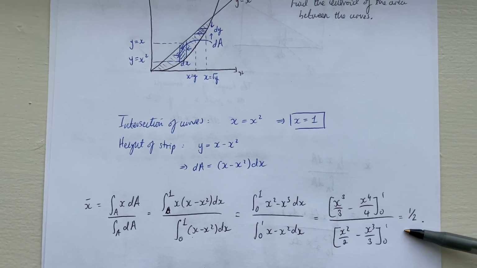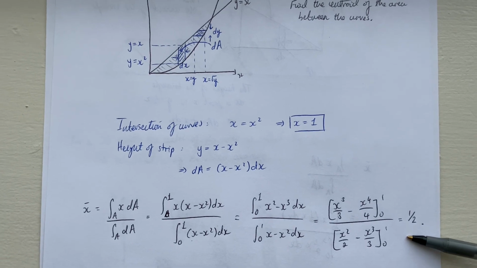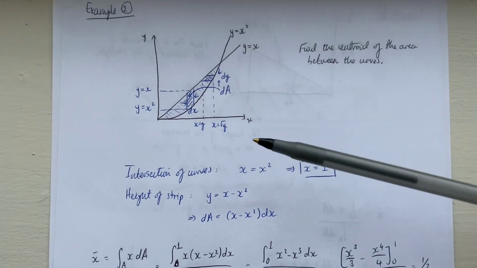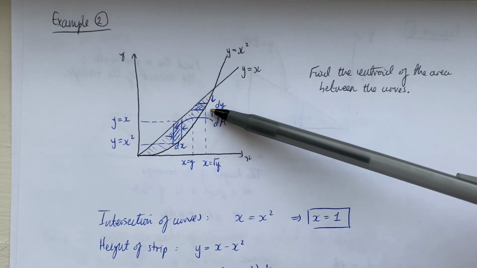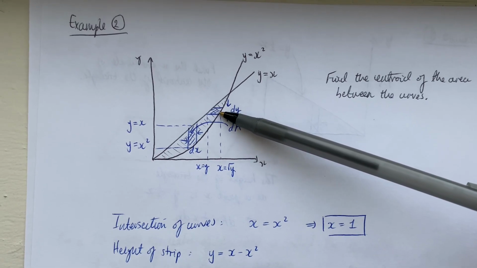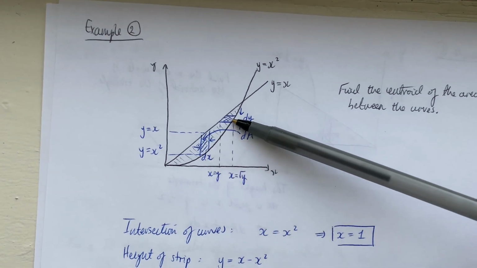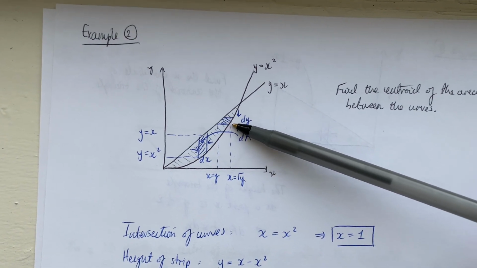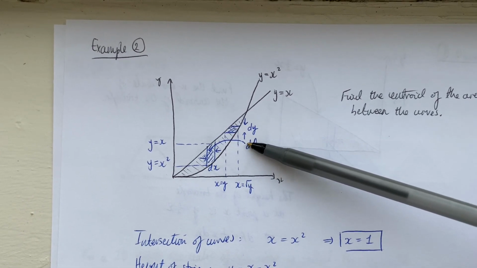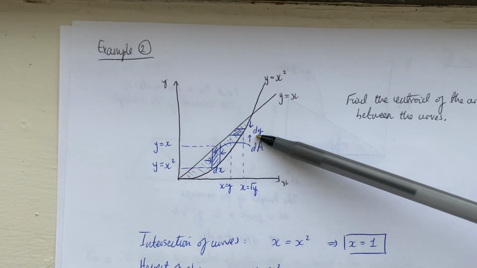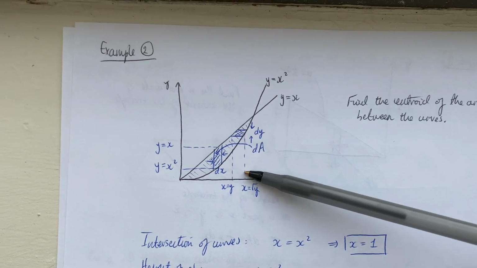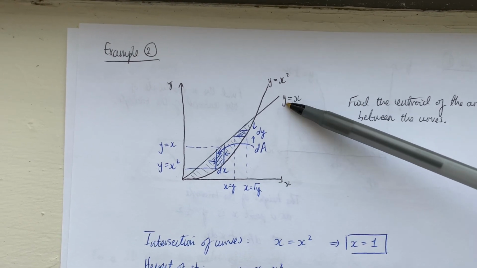So that tells us the x coordinate of the centroid, but now we need to find the y coordinate of the centroid. So what we need to do now is go back to the original diagram and consider what happens when we split the shape into horizontal strips rather than vertical strips, right? So that's what I've tried to annotate here, is that I'm now considering horizontal strips of depth dy, and then I can work out the width of the strips by basically rearranging these equations.